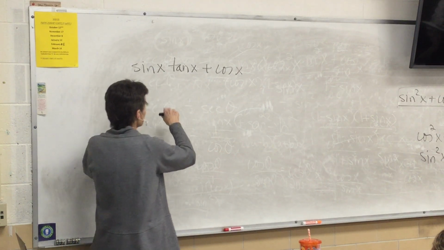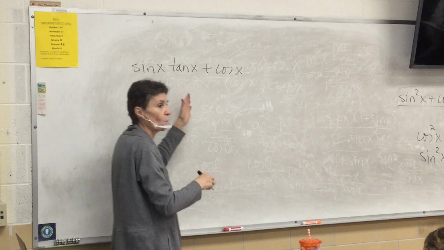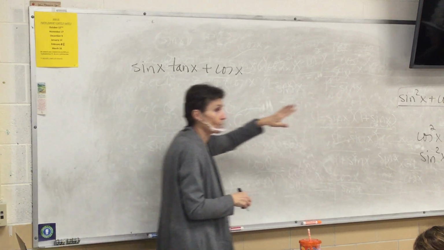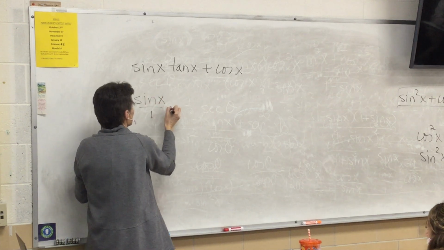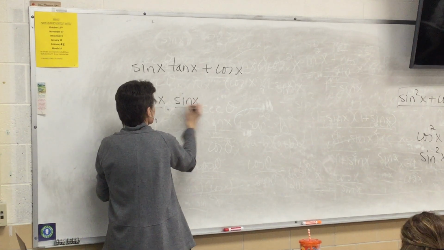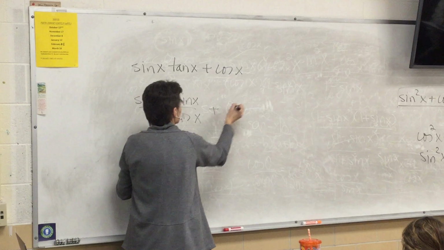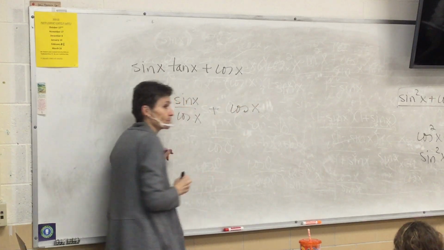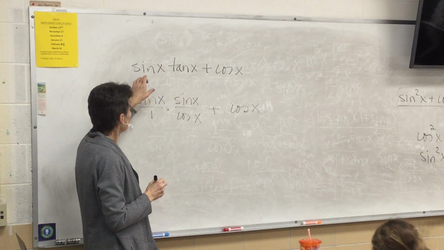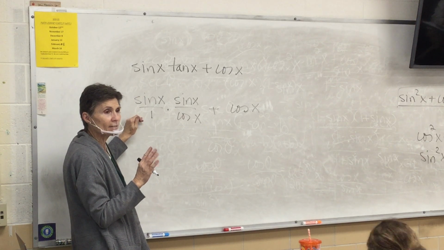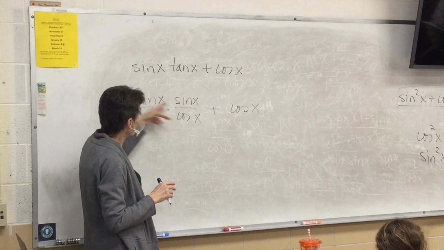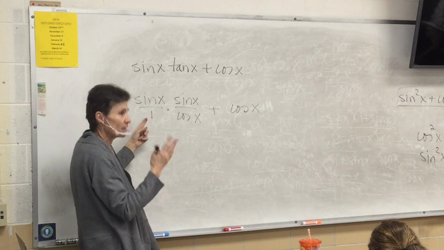Okay, so Matthew says, I don't have any squares, so none of that's gonna work. But I do know that tangent is sine over cosine. Now, when I wrote this sine, I put it over 1. You don't have to do that, but when I'm gonna multiply by a fraction, it helps me to put it over 1.